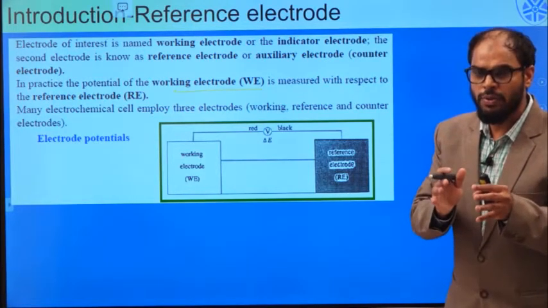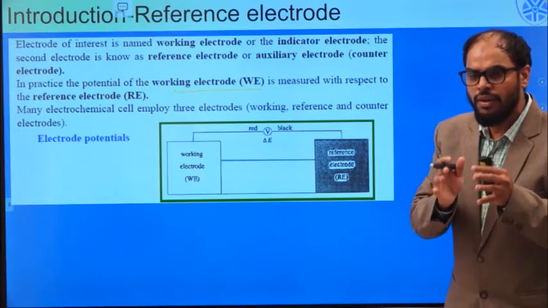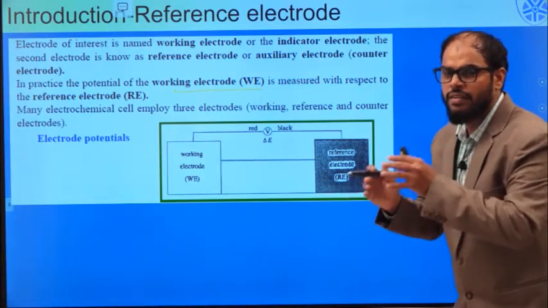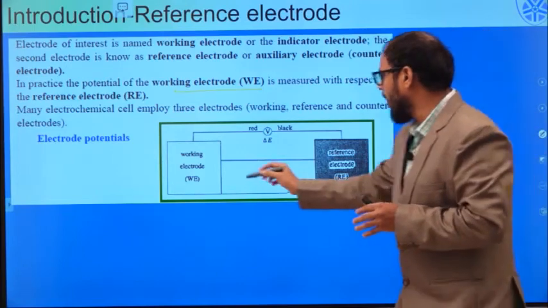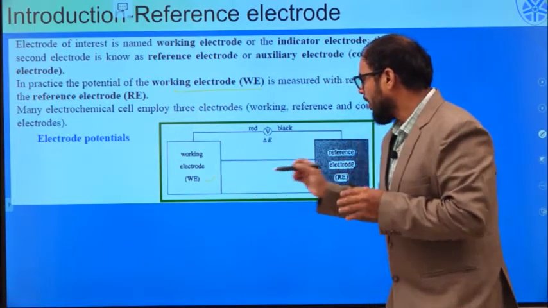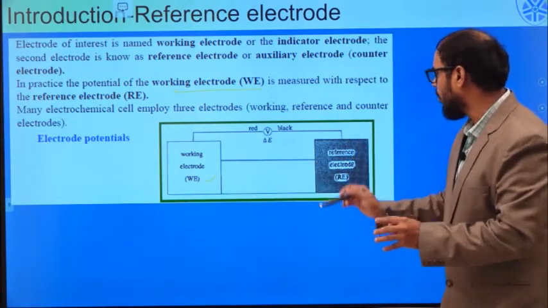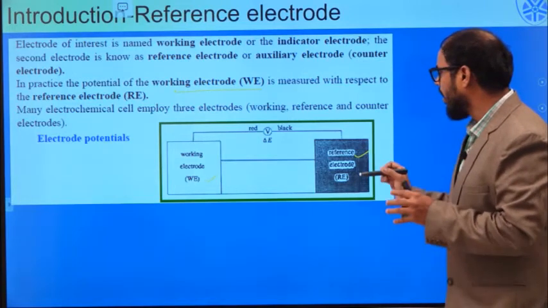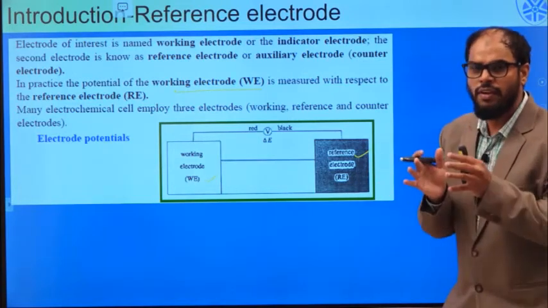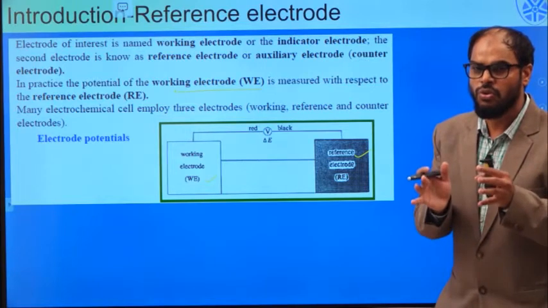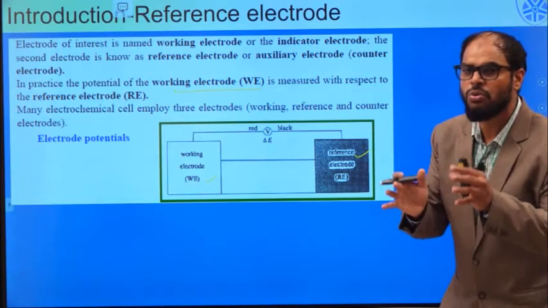To determine the electrode potential of any unknown electrode, we definitely require a reference electrode. We have got a working electrode, and this working electrode has to be connected to a reference electrode, and this reference electrode should have some fixed value whose electrode potential is known to us.